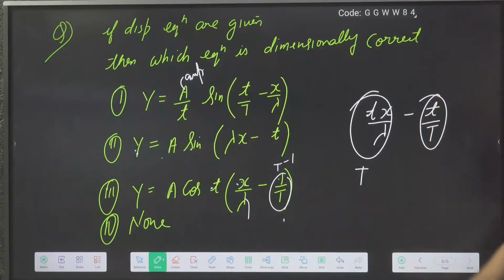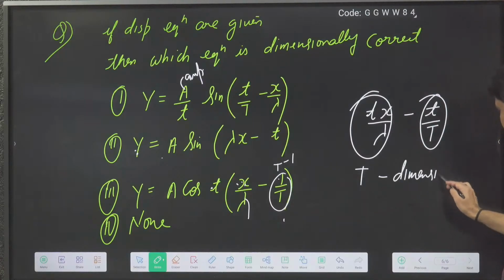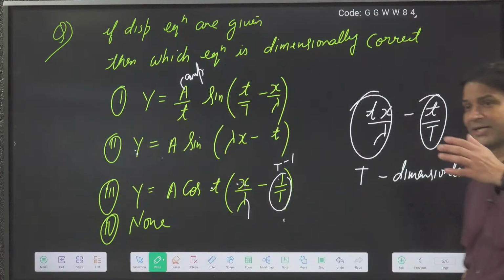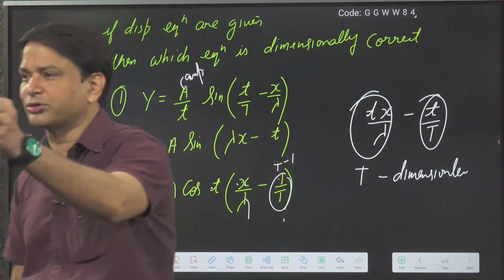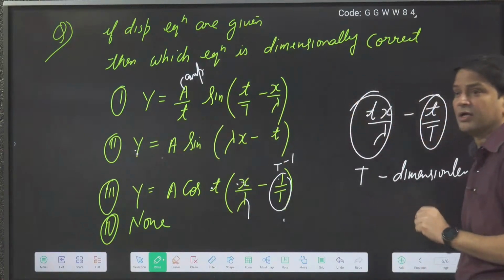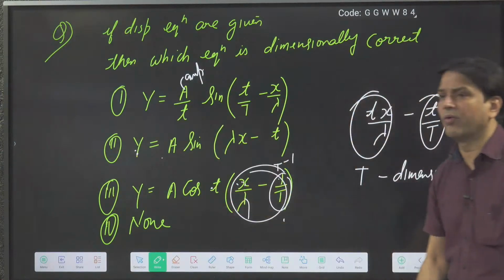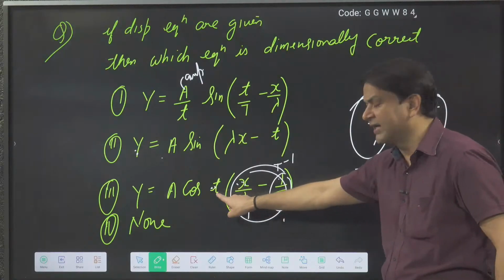And small t by capital T is dimensionless. So no need to multiply. I just gave that to confuse only. Small t, whatever I gave outside the bracket, will get multiplied inside with both terms. So directly check this only. Why do I have to take the t inside and then check? Because t is multiplying with this as well as this. Okay. So x by lambda dimensionless. 1 by t, what is the dimension? Dimensionless.